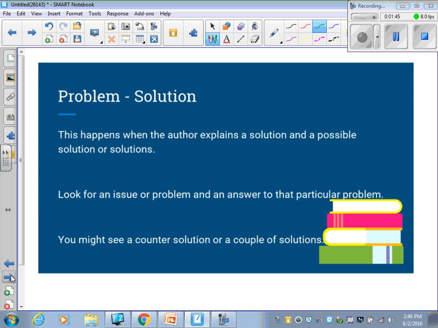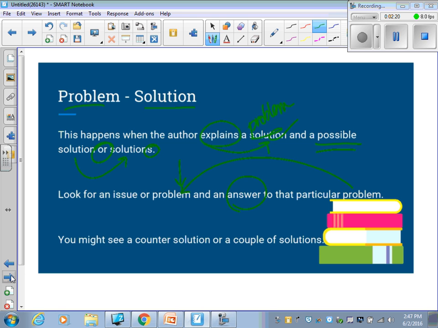Let's also look at problem and solution. This happens when the author explains a problem and explains a solution. Look, there's your signal word, solutions. That's more than one. Look for an issue or a problem. And then the author in a problem solution type essay, informational text, is going to offer an answer to solve this particular problem.